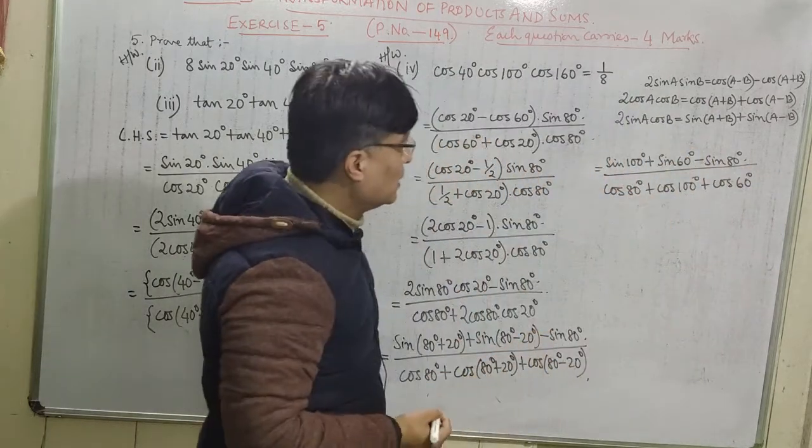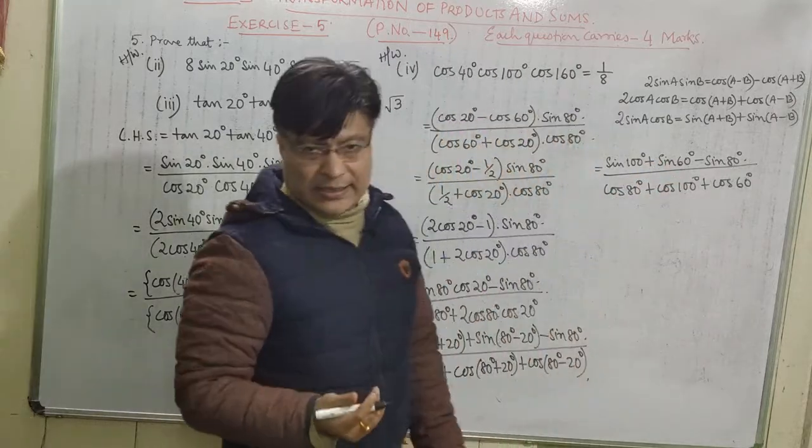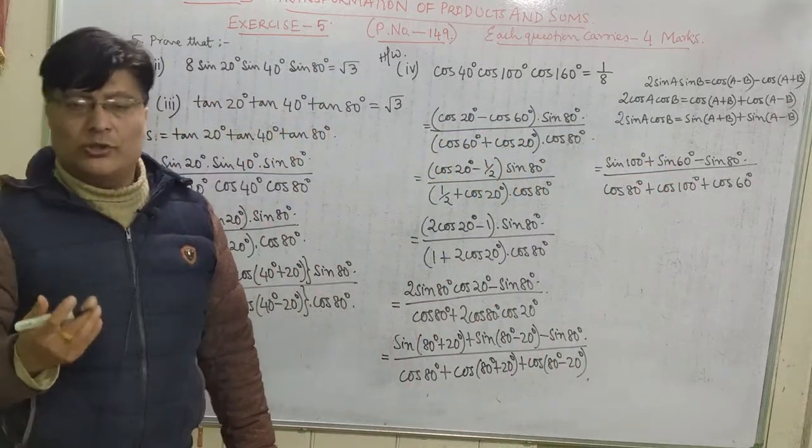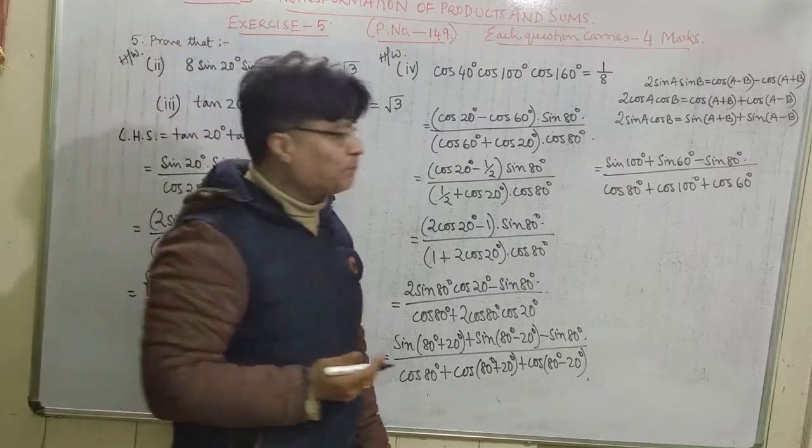So now in this case sine 60 degree and cos 60 degree are standard angles. So you can use the values for sine 60 as well as cos 60.